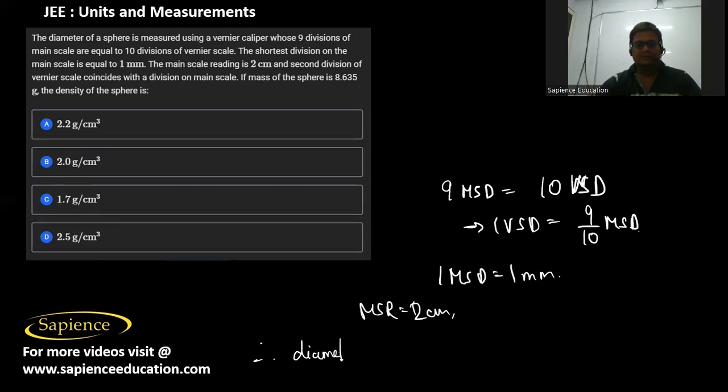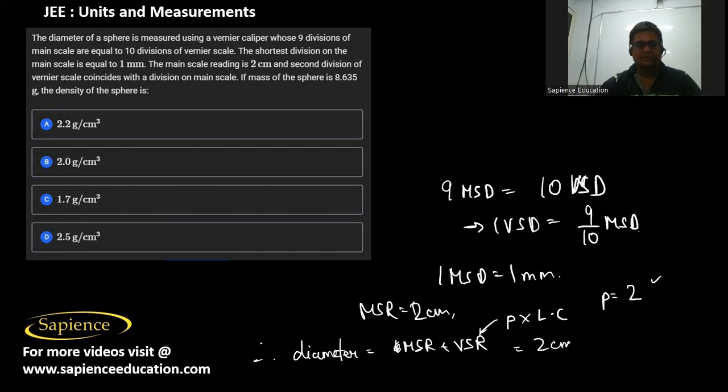Now the diameter of the sphere is equal to the main scale reading plus the vernier scale reading. Vernier scale reading equals P into the least count, where P equals 2 here, since the second division of vernier scale coincides with a division on main scale.